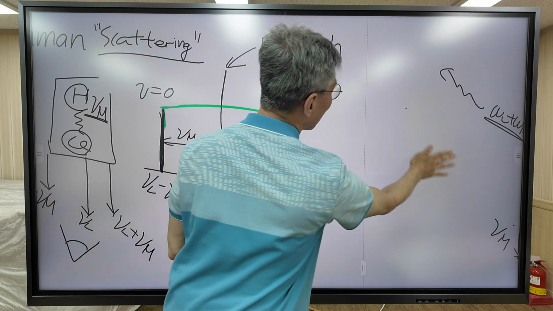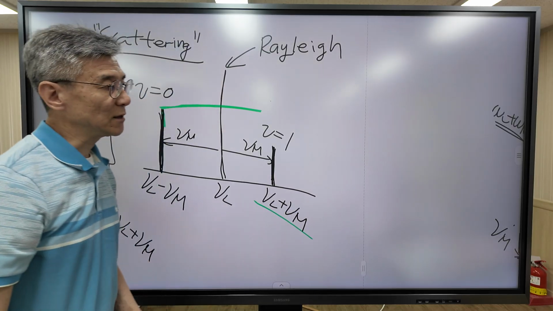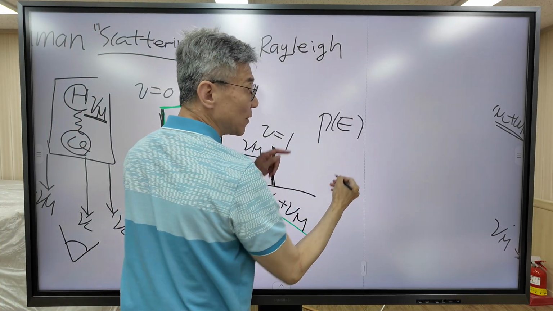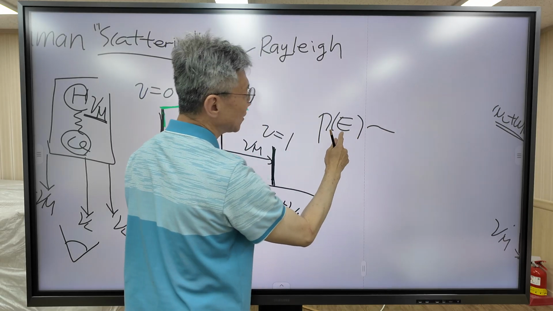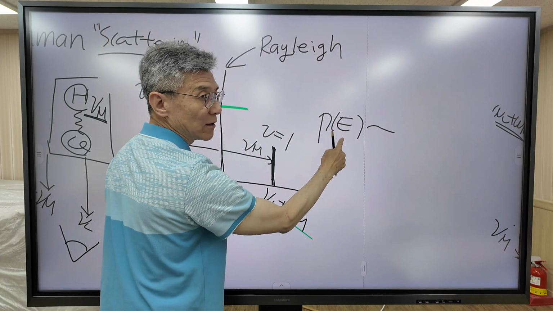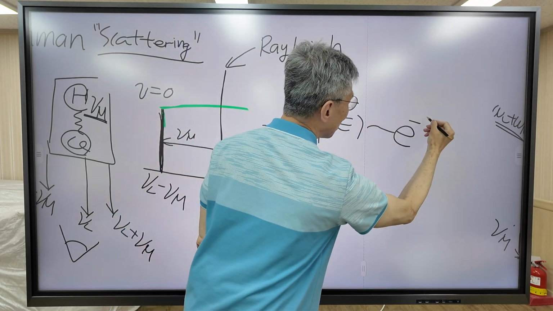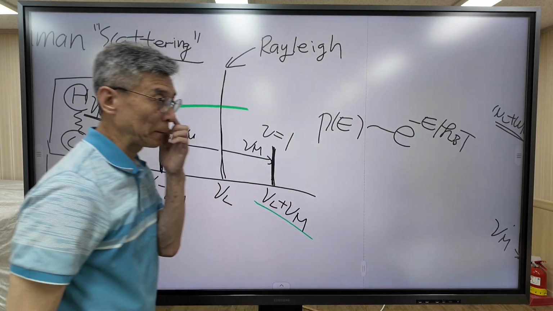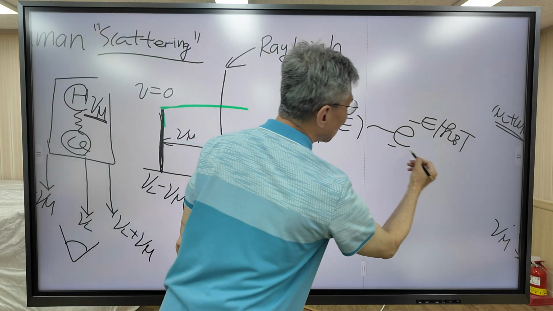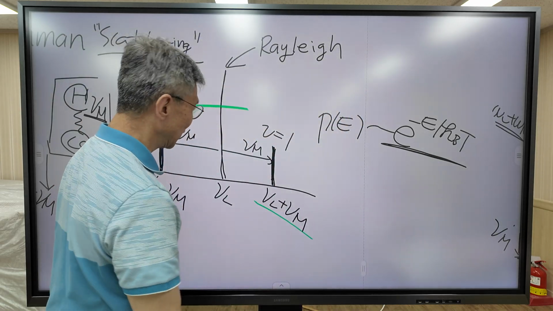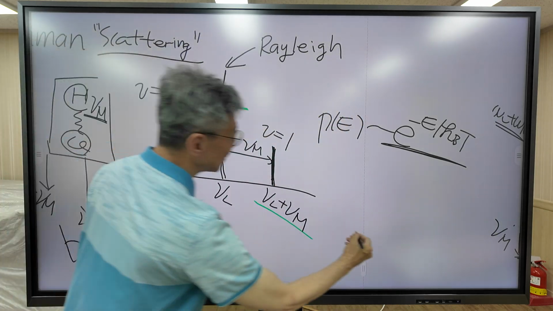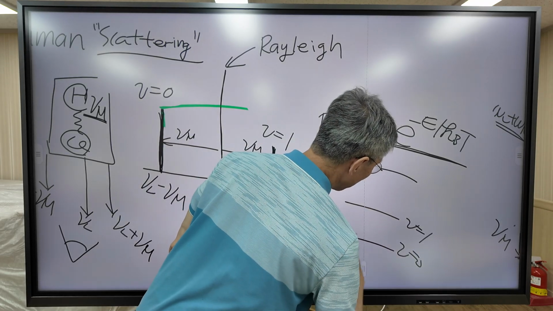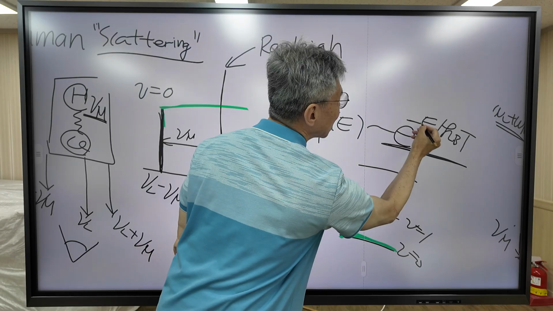According to Boltzmann statistics, you are familiar with this formula: the probability that the molecule has energy E is proportional to exponential of minus E over kT. According to this formula, this prefactor disfavors the molecule being in the V equals 1 state, because of the minus sign.